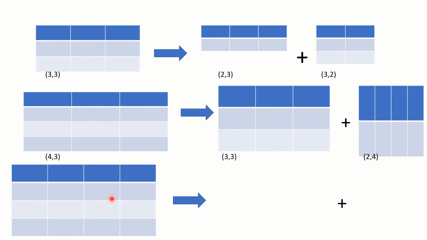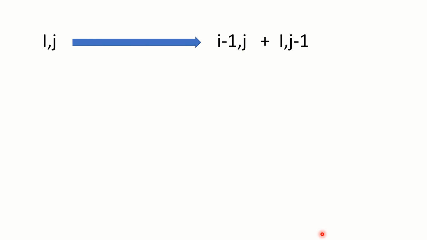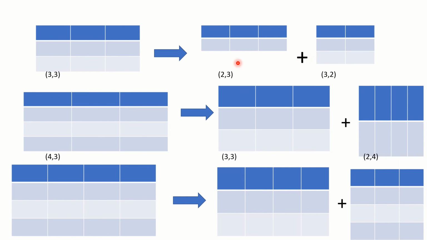So when I have a 4 into 4 grid, it can be split into 4 comma 3 and 3 comma 4 grids, right? Suppose i comma j means i rows, j columns are there. It can be written as (i minus 1, j) plus (i, j minus 1). Previously you have seen this: 3 comma 3 can be written as 3 minus 1 comma 3 and 3 comma 3 minus 1.